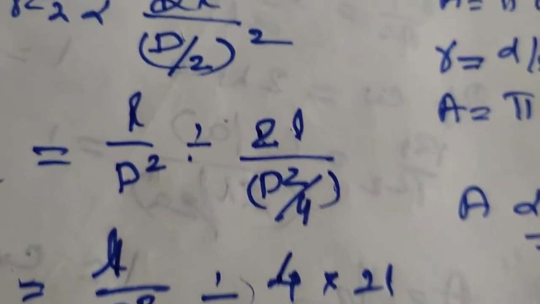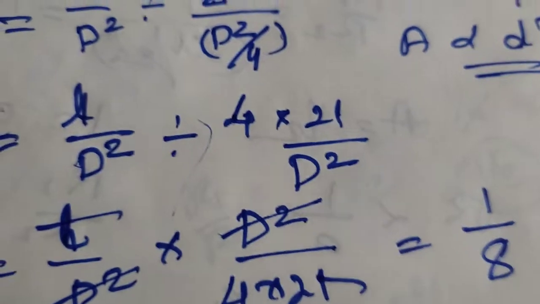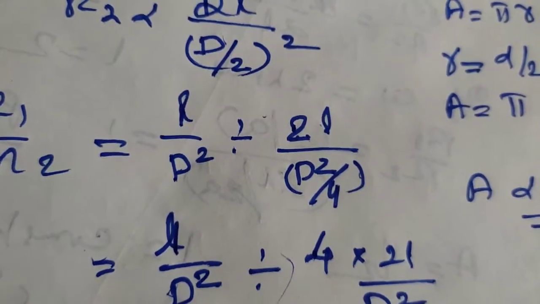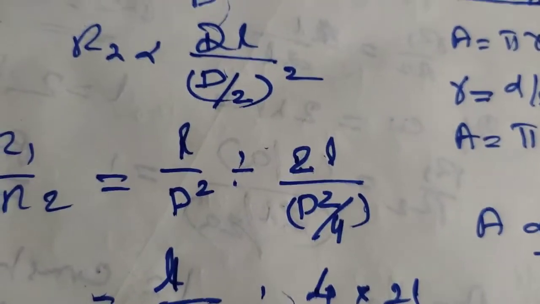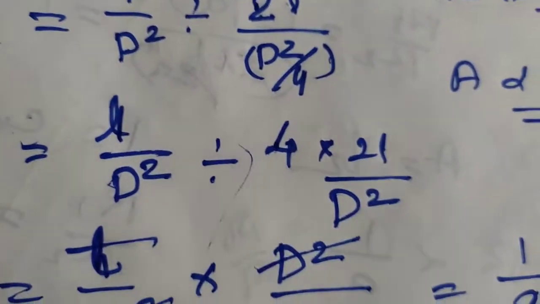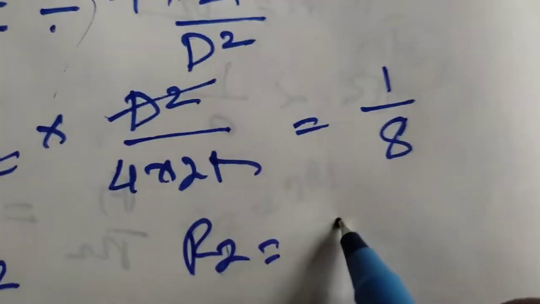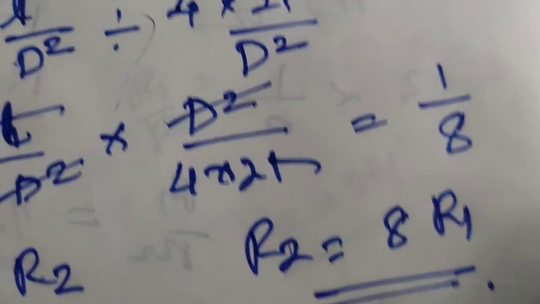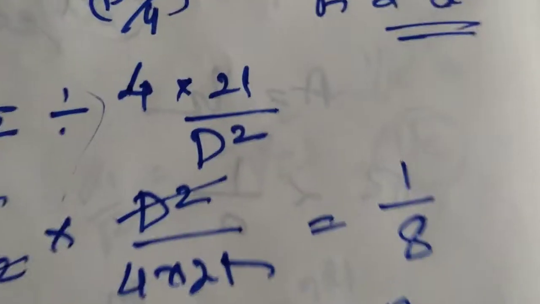So the ratio becomes 1 by 8. That is, 8 R1 is equal to R2. So resistance becomes 8 times R1.